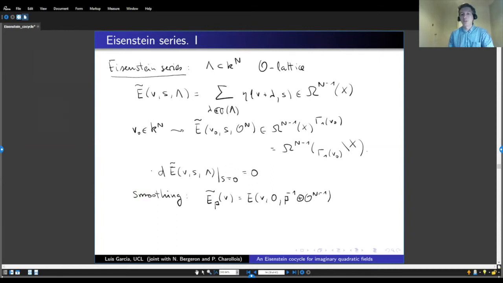So you're just modifying the lattice O^n by making it a little bit larger in the direction of the first coordinate, and we're subtracting this quantity here. And what you find if you do this is that E_P of V has vanishing constant term at certain cusps.